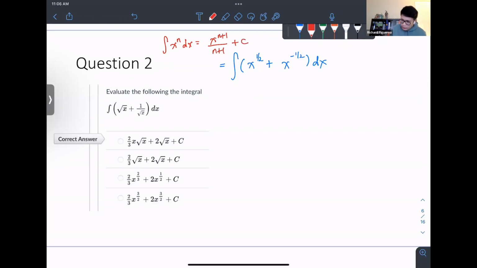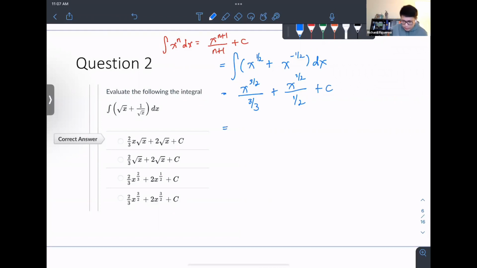Using the shortcut, x raised to 1/2 plus 1 is 3/2, divided by 3/2, plus x raised to -1/2 plus 1 is 1/2, over 1/2, and then plus c.